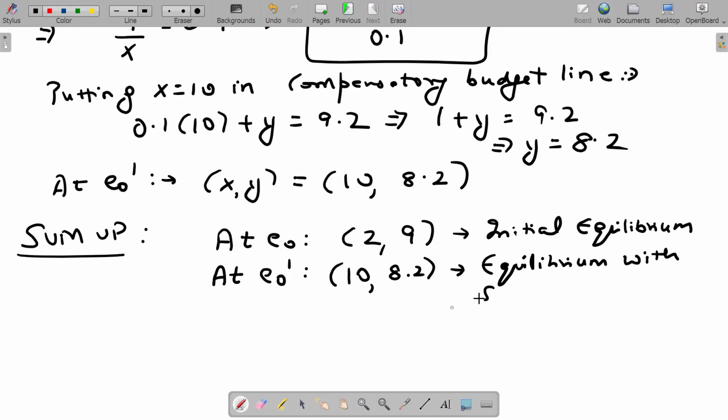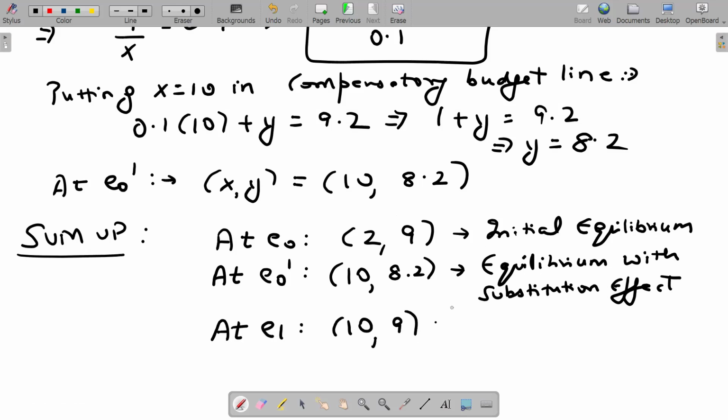And at E1, the new equilibrium, the values were 10, 9.